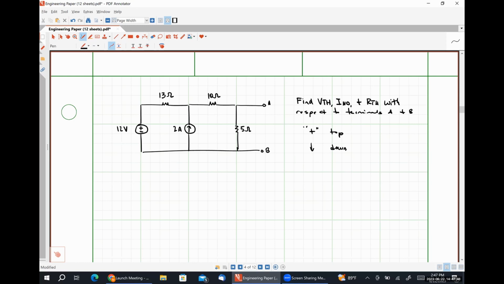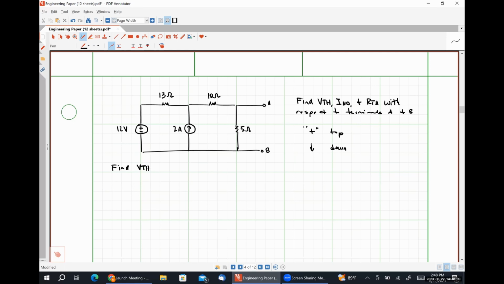It's not always given to you in your homework problems, but effectively, if your positive polarity is on top, your current should be flowing down. If your positive polarity is on bottom, your current should be flowing up, etc.